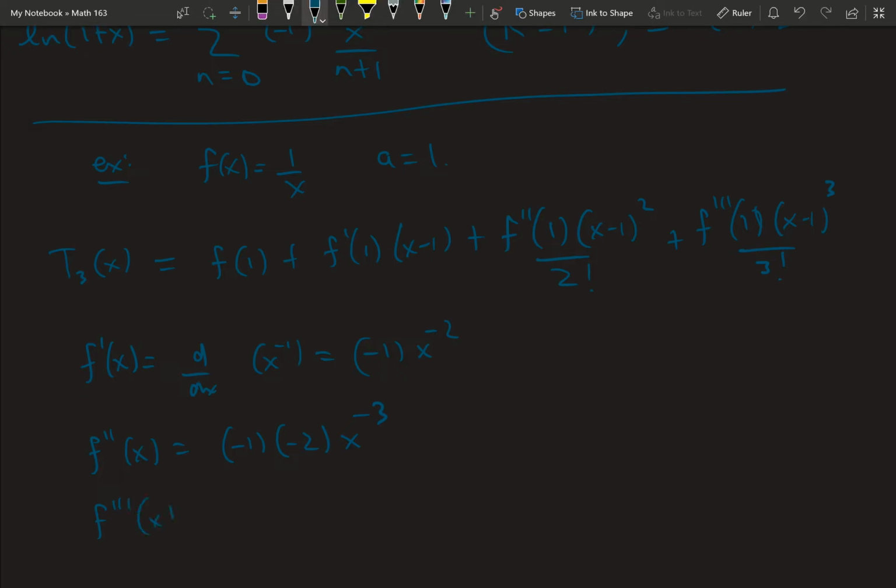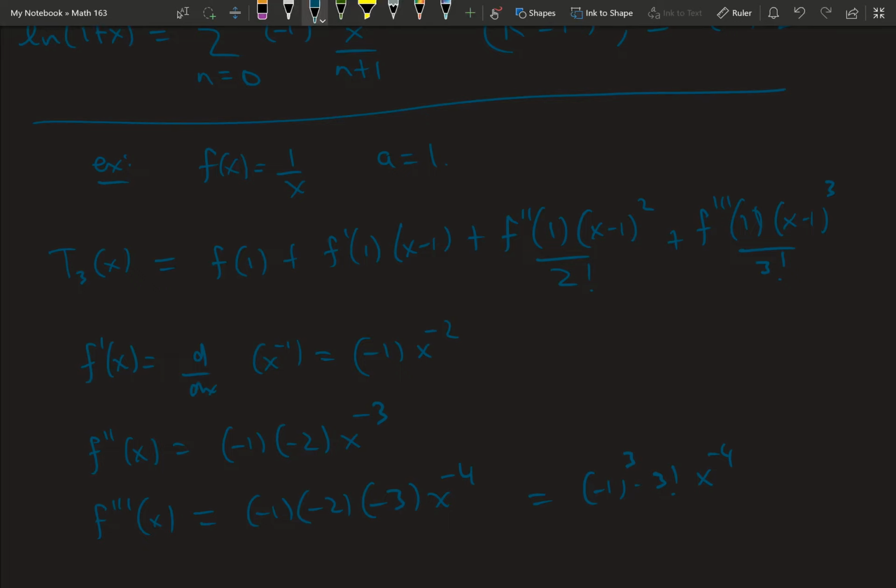And f triple prime is minus 1 times minus 2 times minus 3 x to the minus 4. And you might ask, why am I not simplifying these? Well, when you want to find the whole Taylor series, we want to see the patterns. And it helps not to simplify these in order to see the patterns. So for example, this is negative 1 cubed times 3 factorial x to the minus 4.